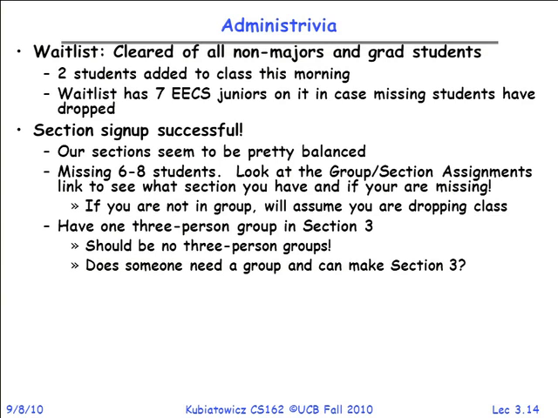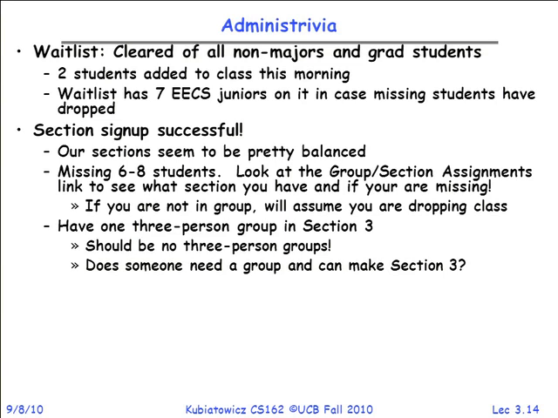We also have one 3-person group that's listed on that site, and I understood that we have another one that lost a member or two. Is there anybody who doesn't have a group? Oh, all right. If you're in a 3-person group, you need to come talk to me.